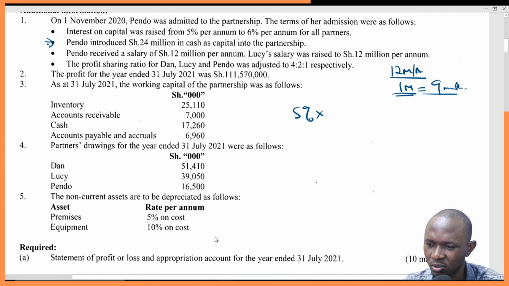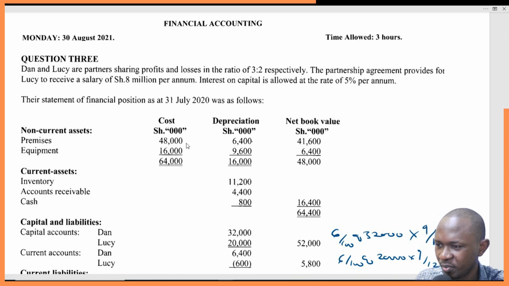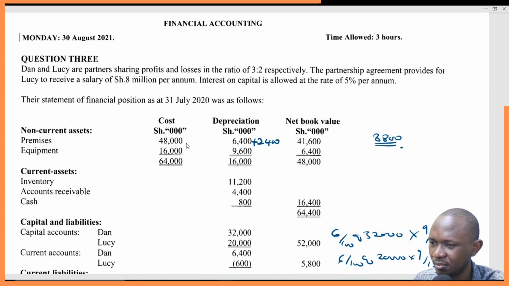So let's just come to the cost. Premises 5% on cost. So it's 5% of 48,000. That gives you 2,400. So the depreciation for this year is 2,400 plus what had accumulated before, 6,400. This will give us 8,800 as our accumulated depreciation.